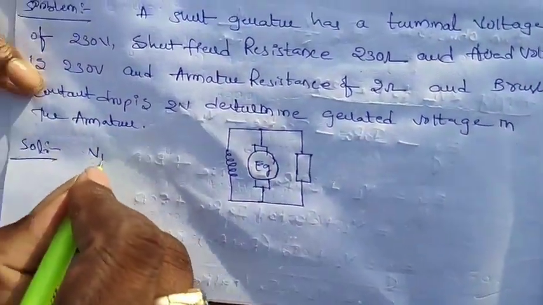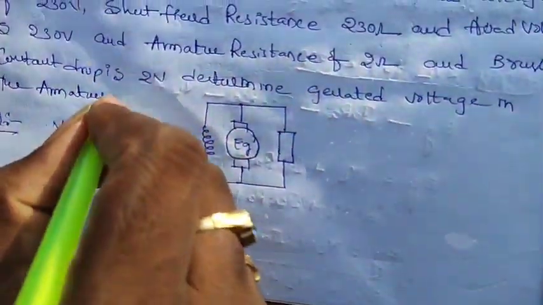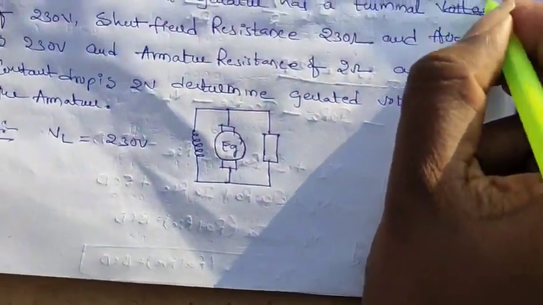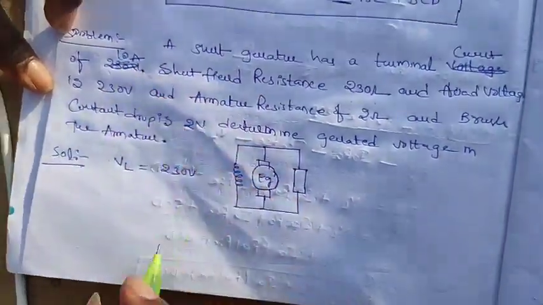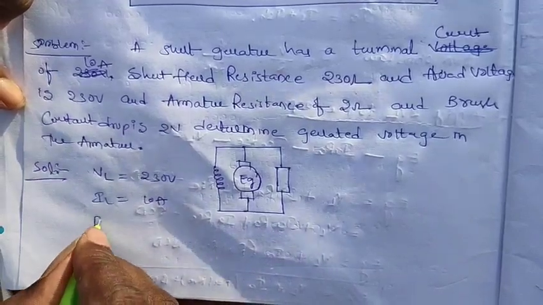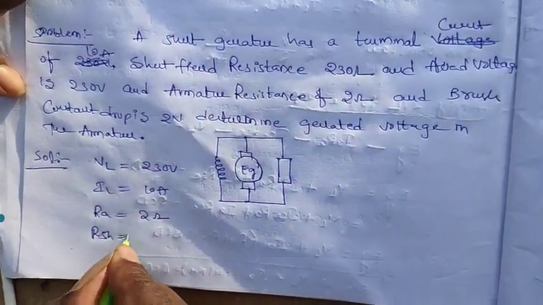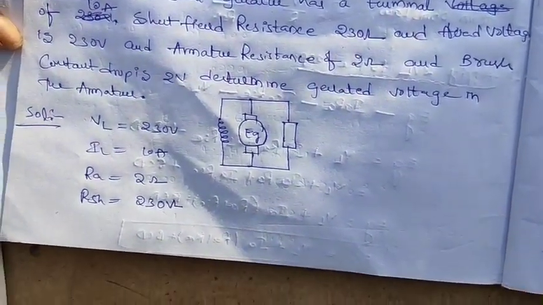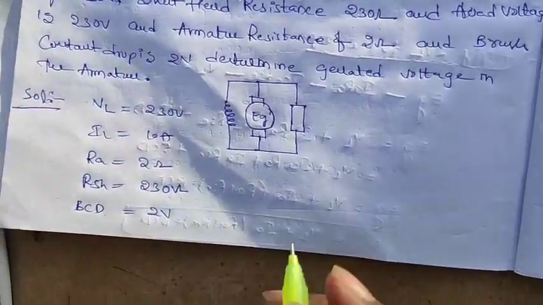VL equals 230 volts, load current of 10 amperes, that is IL equals 10. RA equals 2 ohms, shunt field resistance equals 230 ohms, and brush contact drop equals 2 volts.